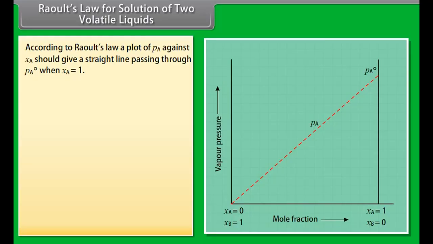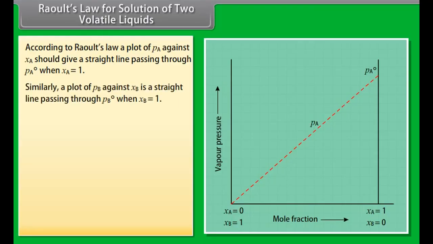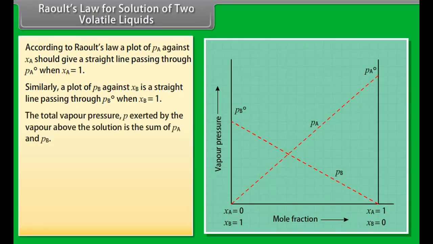Similarly, a plot of PB against XB is a straight line passing through PB⁰ when XB is equal to 1. The total vapor pressure, P, exerted by the vapor above the solution is the sum of PA and PB. P = PA + PB.